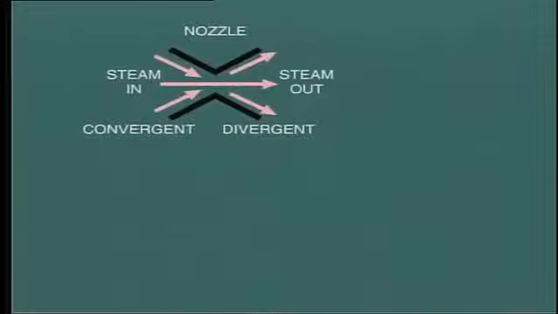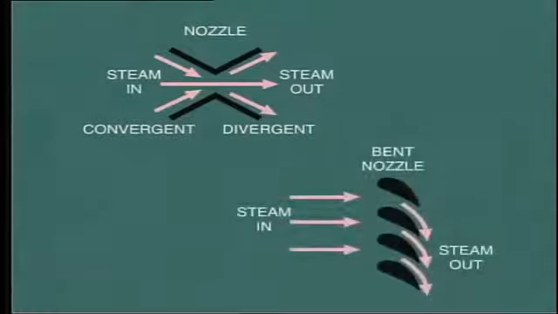Actually, each pair of stationary blades is shaped to form a convergent divergent nozzle. However, the form of the nozzle is bent to receive the steam exiting from the previous moving stage, and then to turn and redirect the steam onto the next moving stage. Now, before you raise the question, what about impulse and reaction type blading?